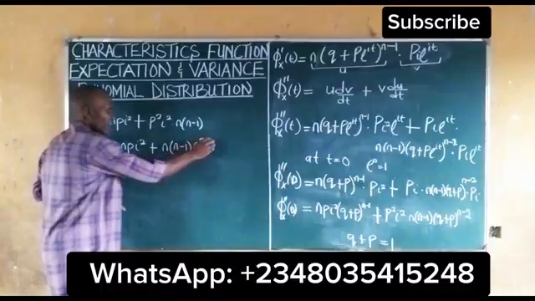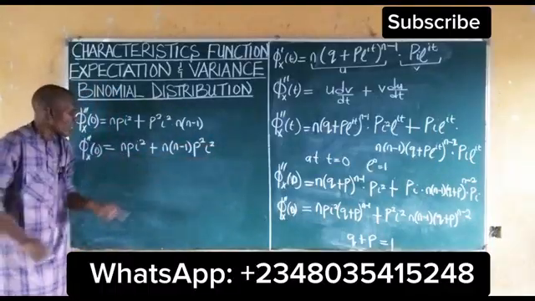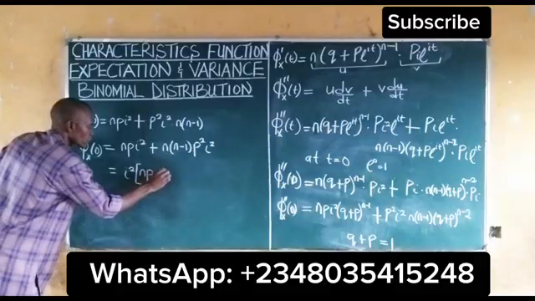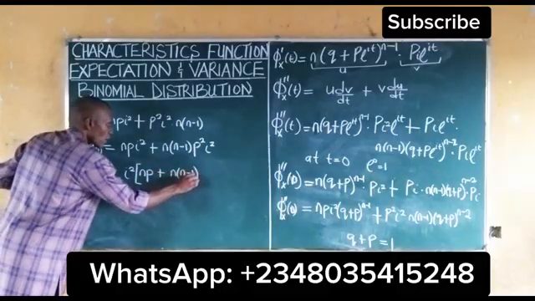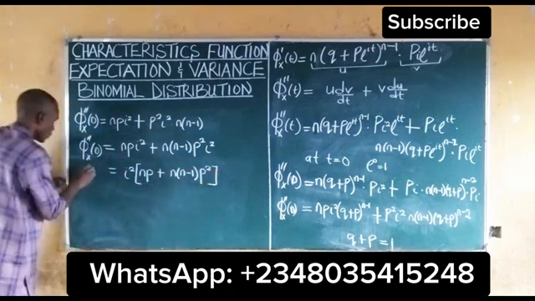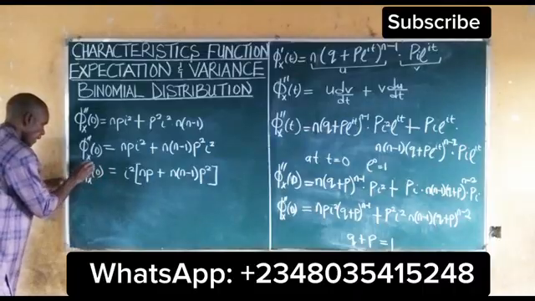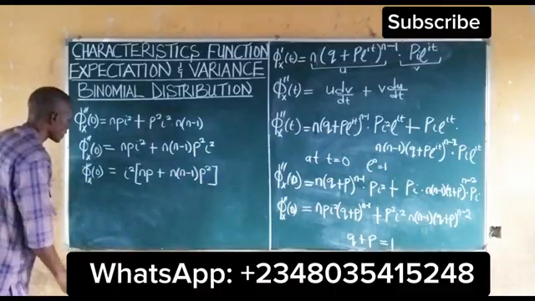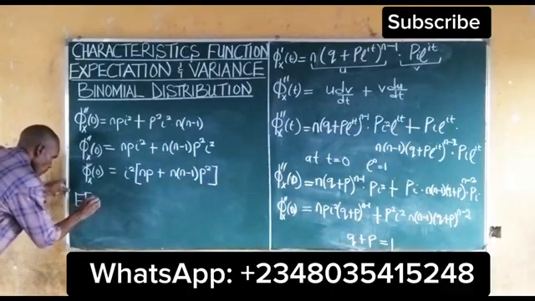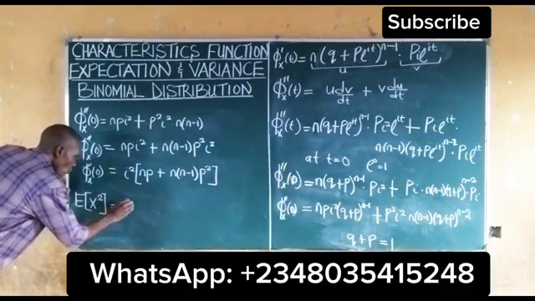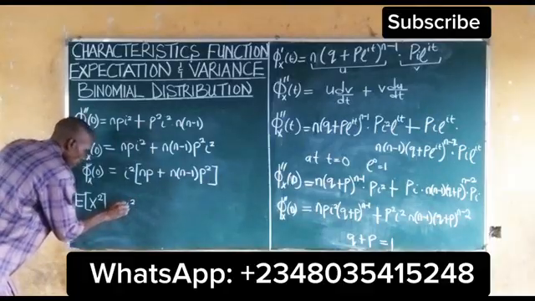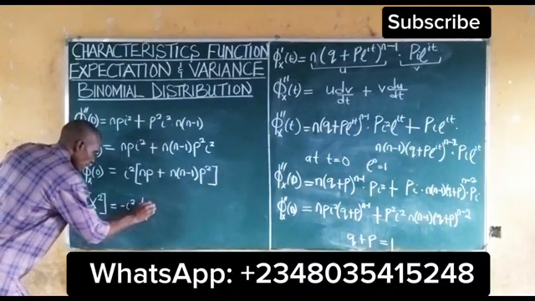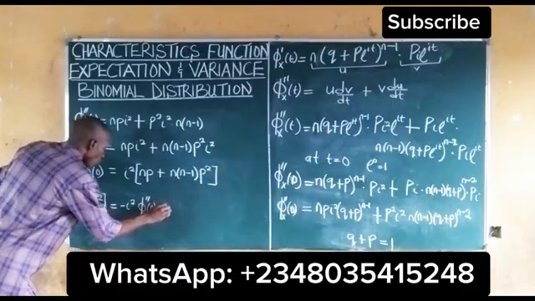If you watch out, we have i squared here and we have i squared here. So we bring out i squared to give us np plus n multiplied by n minus 1 p squared. So this is at t equal to 0. So to write our expected value of x squared, our expected value of x squared is equal to negative i squared, our characteristic function at t equal to 0 is equal to this.